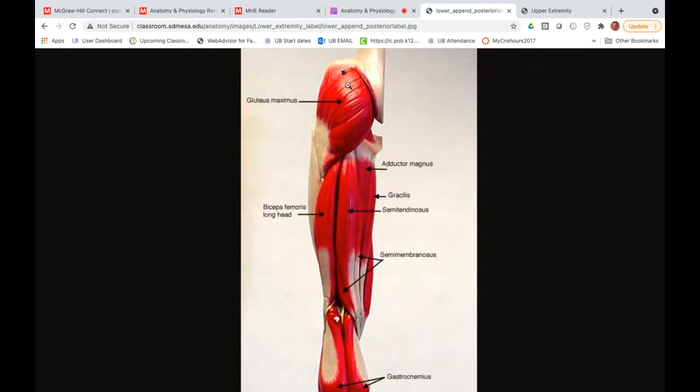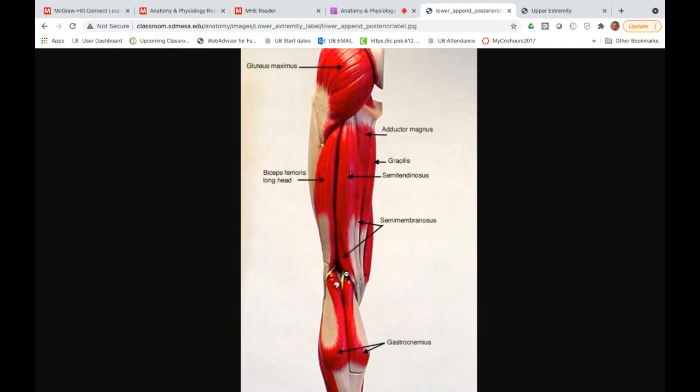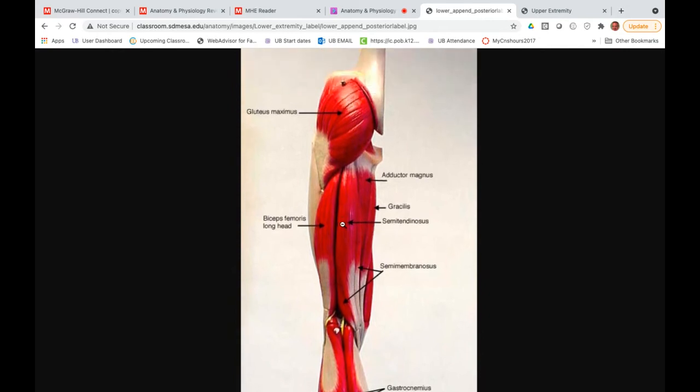The gluteus maximus is the primary hip extensor. The hamstrings are the primary knee flexor. But because the hamstrings cross the hip joint, they can also extend the hip. They're not super strong at it, they're not powerful at it, but they can be synergistic in hip extension.